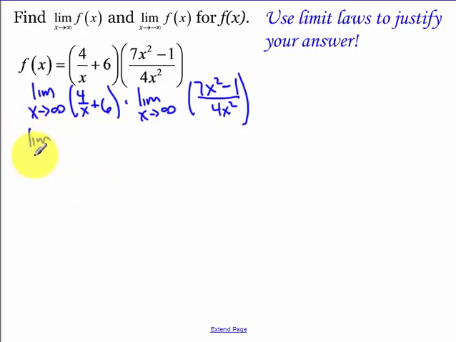And then here I can do the limit as x goes to infinity of 4 over x plus the limit as x goes to infinity of 6. I'm going to find that.